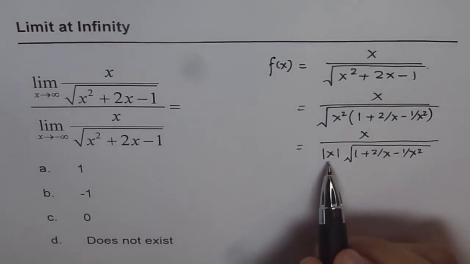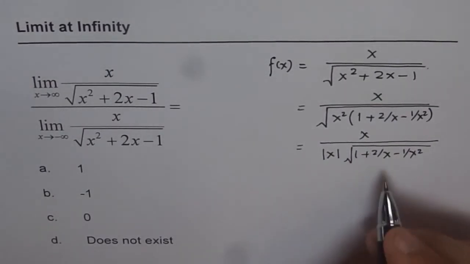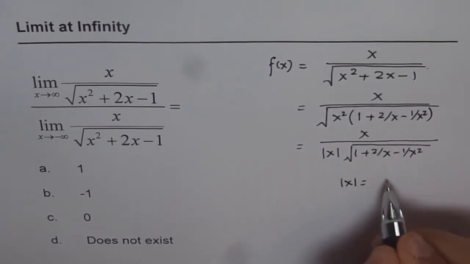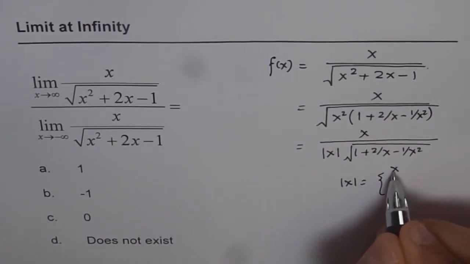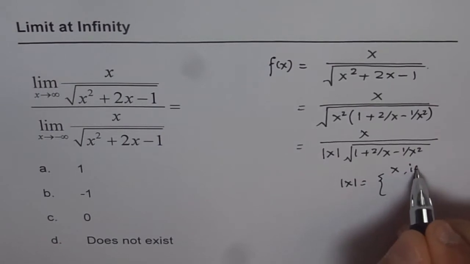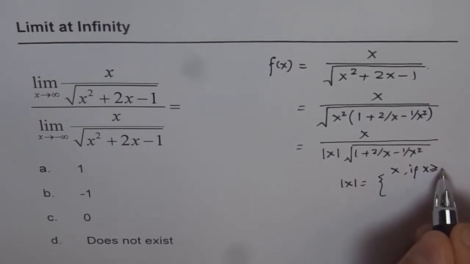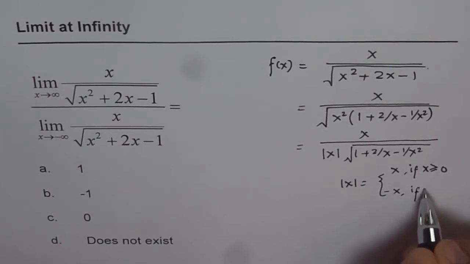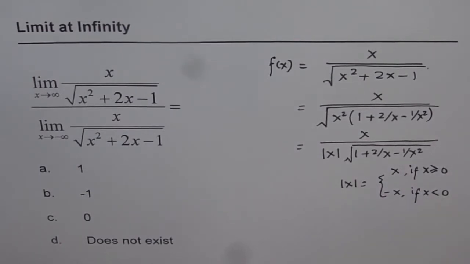And now, let's also define absolute x. Absolute x is equal to plus x if x is greater than or equal to 0, right? And it's minus x if x is less than 0. That's how it is.